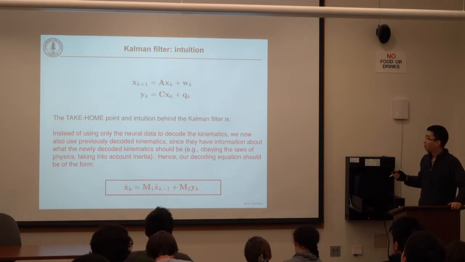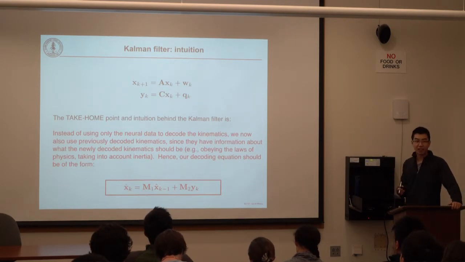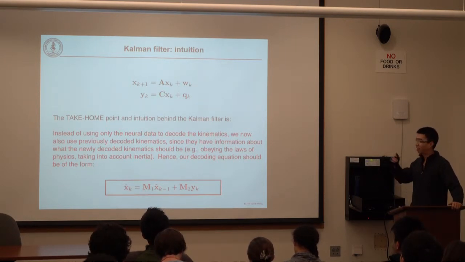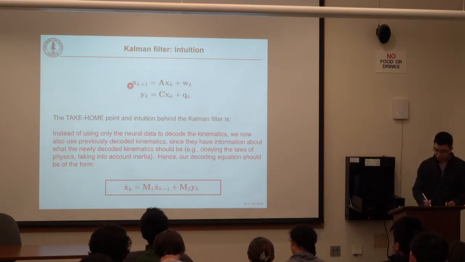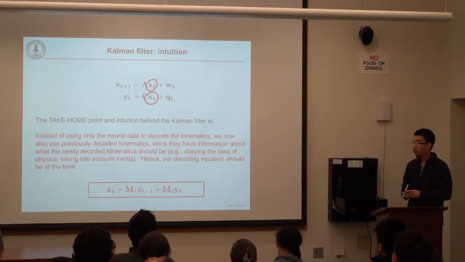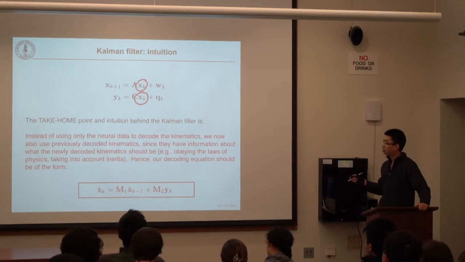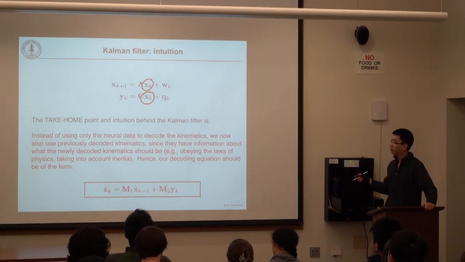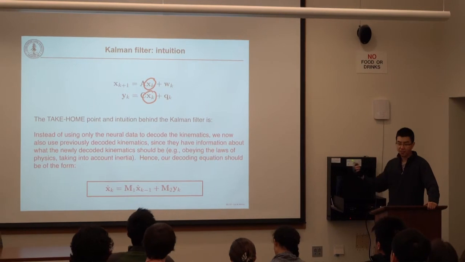So last we left off with the Kalman filter, we were talking about the intuition, and we arrived at this final take-home slide where we said, because we have these 2 equations that tell us information about the kinematics, about the xk's, we should have an equation which uses the information from both of these equations to decode.